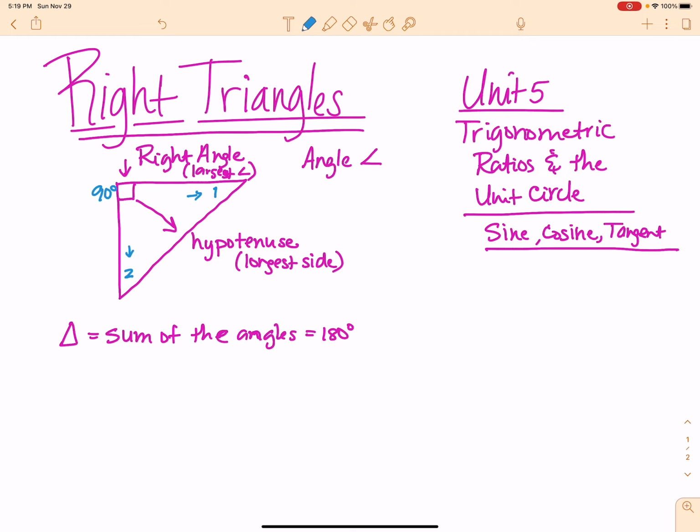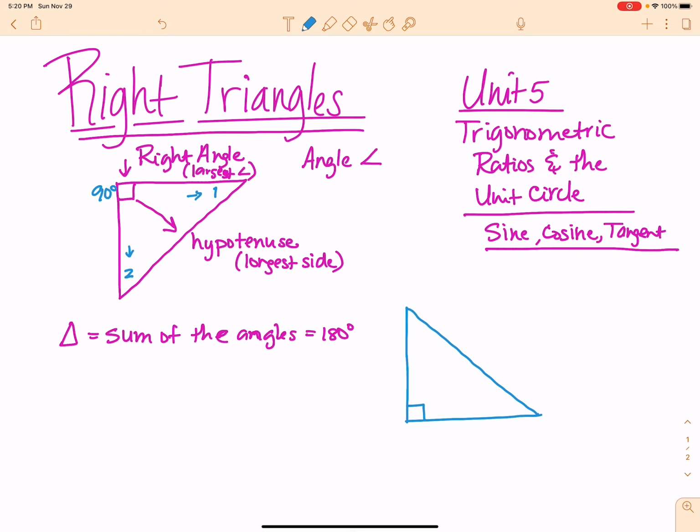Now let's talk about some of the labeling in a right triangle. I'm going to draw another right triangle over here to help you out. Typically in math, we use Greek letters to symbolize angles.